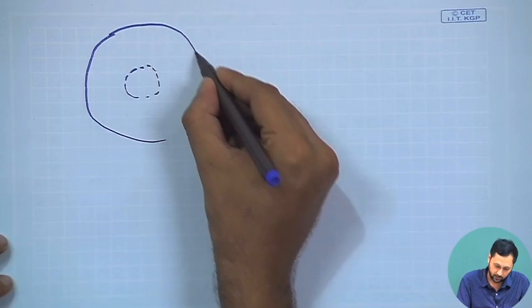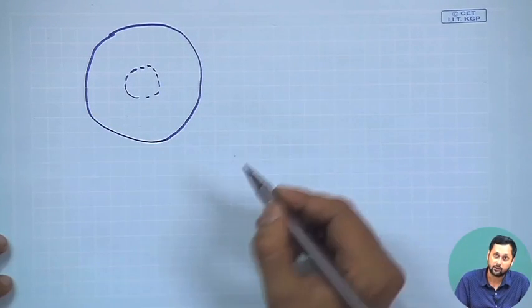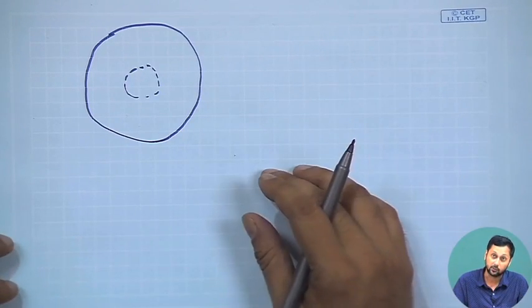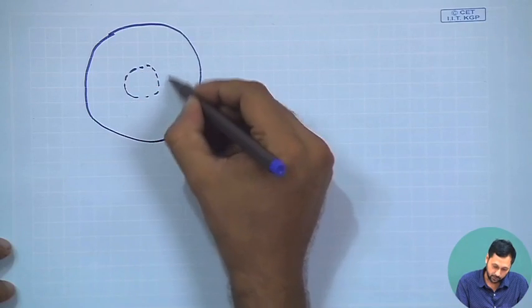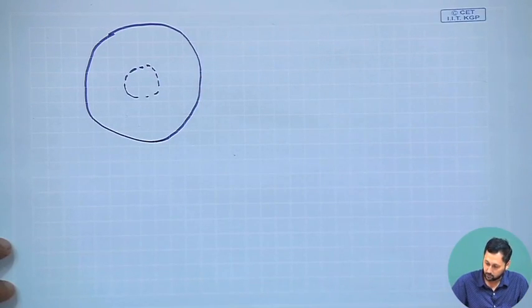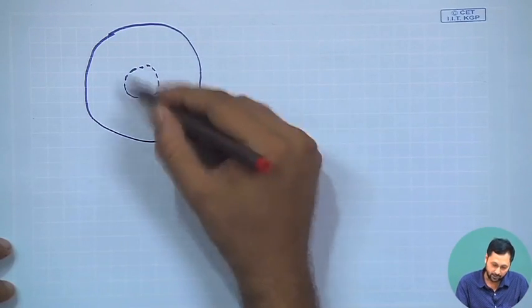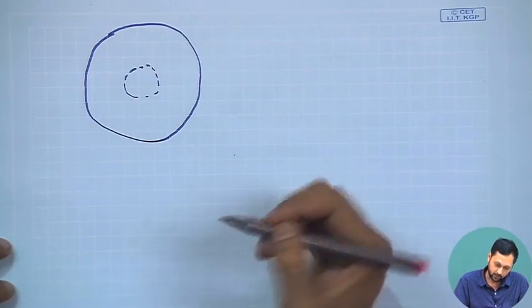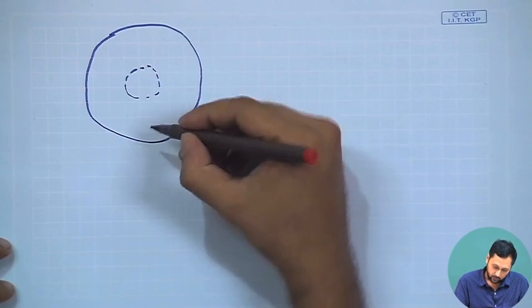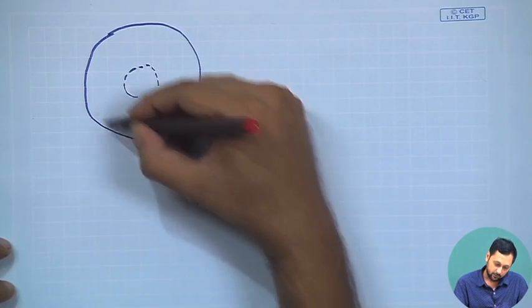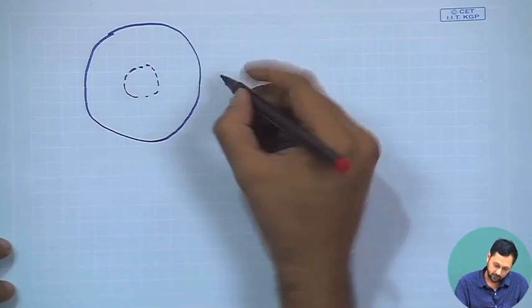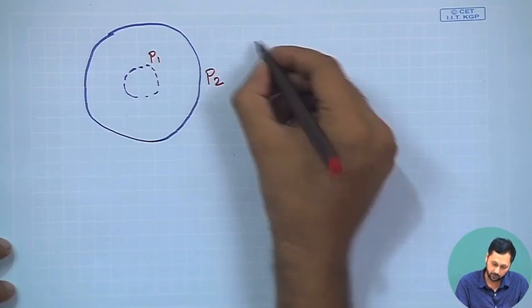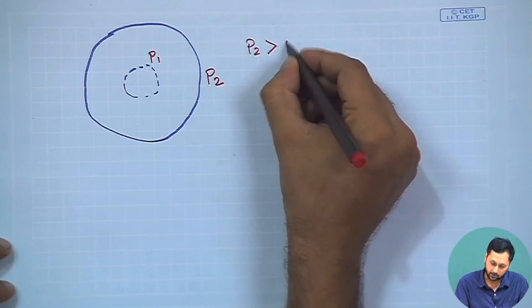Let us say due to some temperature difference, typically on the ocean, there is a low pressure zone which is a void in the atmosphere, and there is a high pressure zone surrounding it. Here let us say the pressure is P2 and here the pressure is P1, and typically P2 is greater than P1.